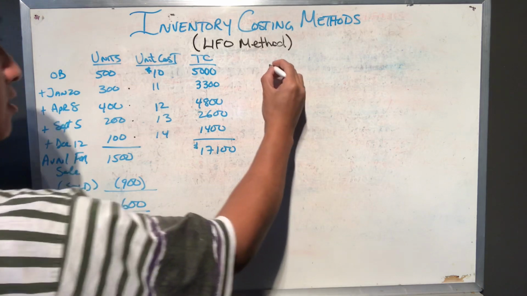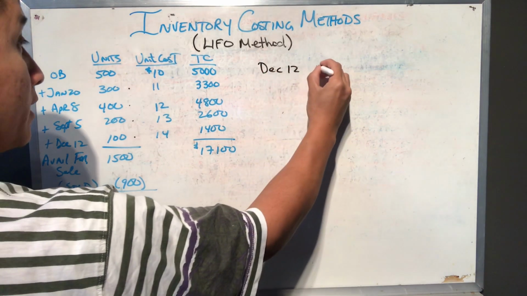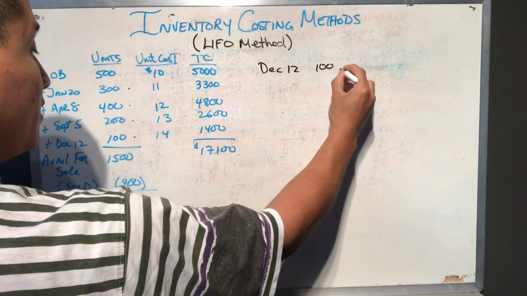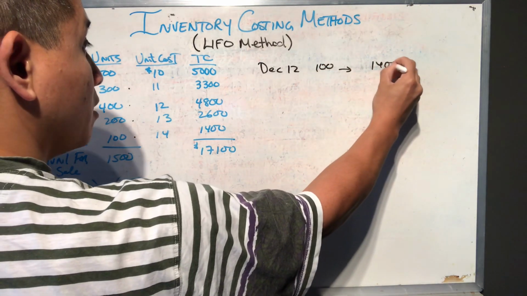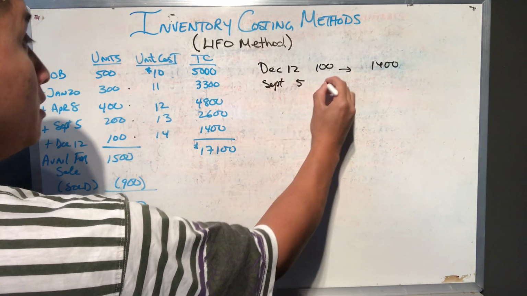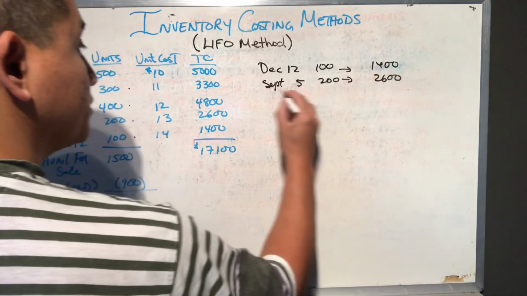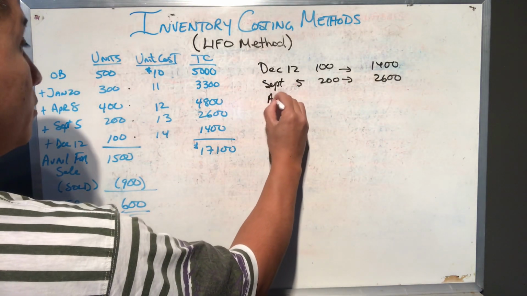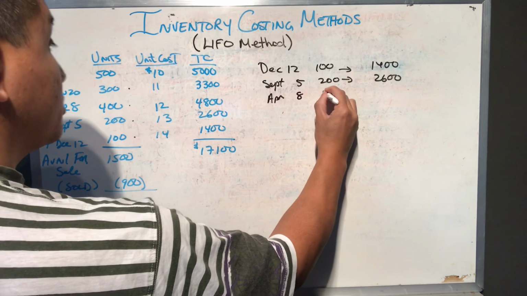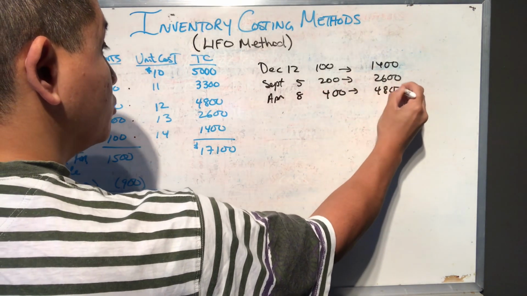So if we look at this, working backwards, December 12th, we need all 100 units of that. That would give us $1,400. On September 5th, if we sold all 200 units, that's $2,600. On April 8th, we sold all 400. That would give us $4,800.